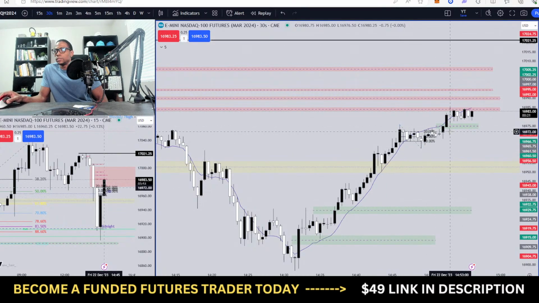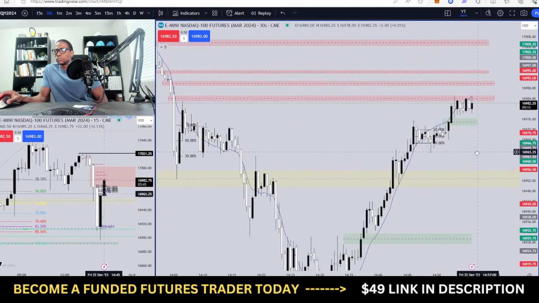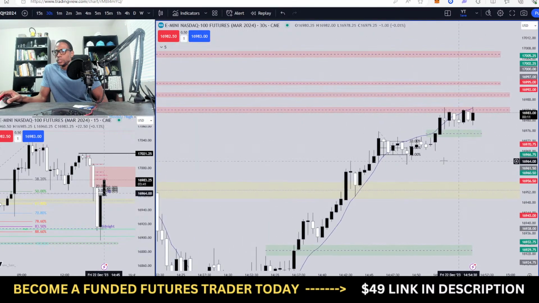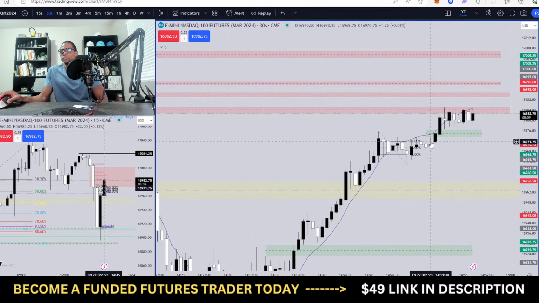Maybe we can get one here. But only if price retraces back down into the zone will we look for that entry. Otherwise, if it keeps pushing higher, we'll just look for something else.